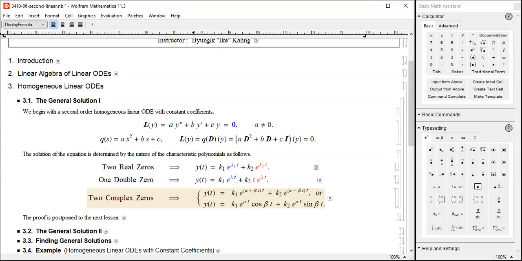Only a few graduate-level textbooks prefer the first line, and also computer algebra systems, like Mathematica we are working on, prefer the first line. So when I have to do some deep theory, like some significant proofs, I'll use the first line. Otherwise, I'll try to use the second line.